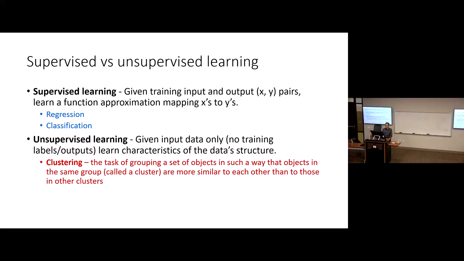We mentioned in the first class supervised and unsupervised learning. The examples I gave for supervised learning are regression and classification. The clustering algorithms and procedures we are going to discuss today belong to unsupervised learning.